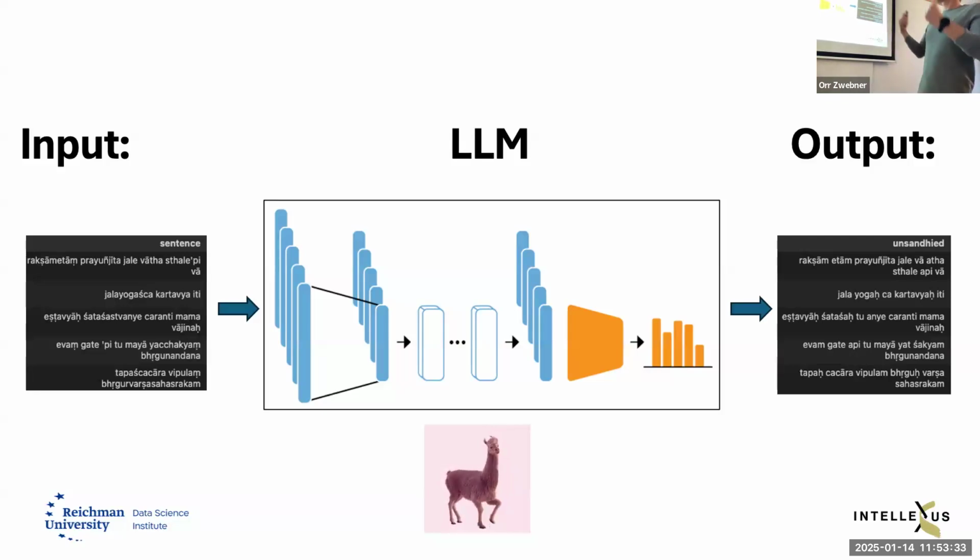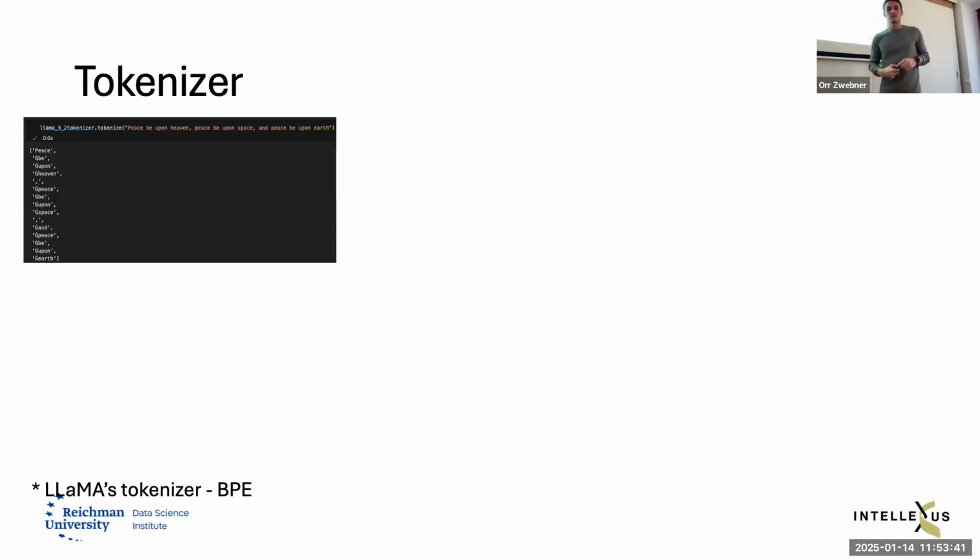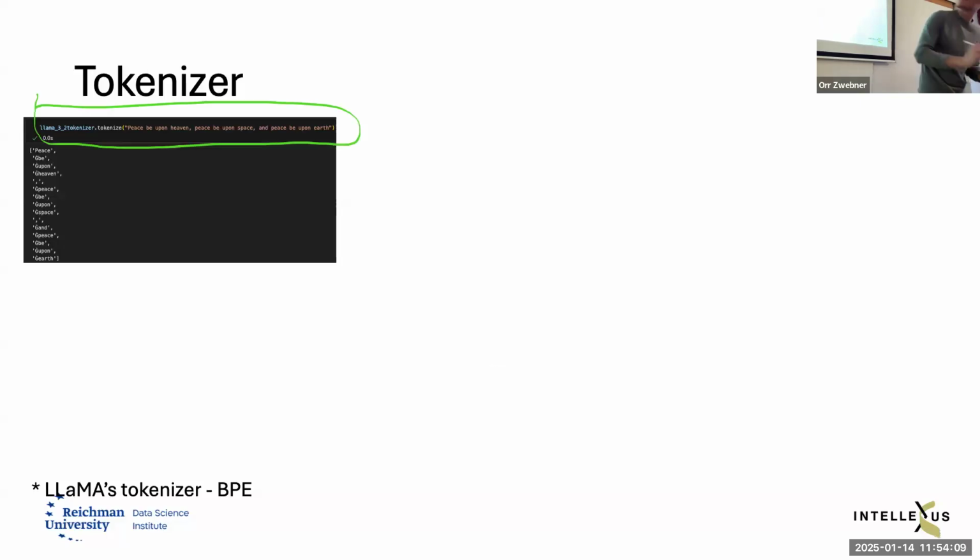So let's return now to the tokenizer, how it recognizes IAST text. I've done a simple test with the Llama tokenizer, but you see it's a bit small. You see that row is actually where I inserted the first part.